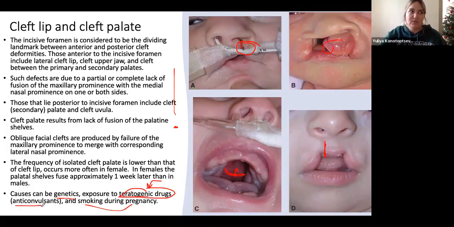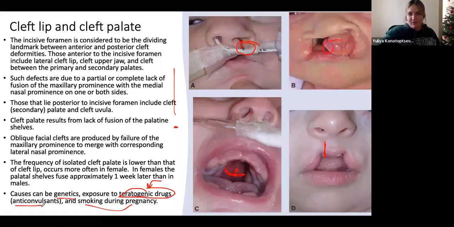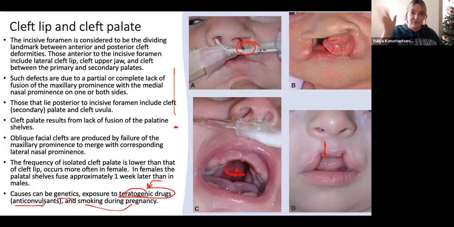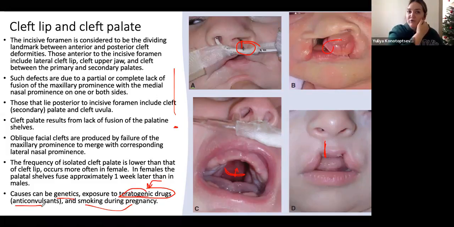Anticonvulsants are drugs that a woman takes when she has epilepsy. Do you know what epilepsy is? Maybe you know, like in movies sometimes they show seizures, where a person is standing and then they fall down and start shaking, with foam coming out from their mouth, right? Seizures are abnormal electrical activity in the brain, where the brain is firing lots and lots, so you're falling down and seizuring, but not always.